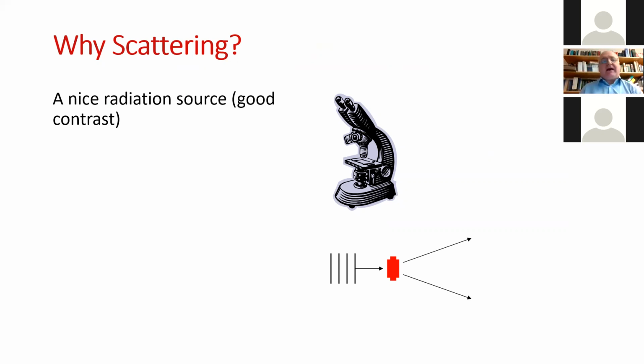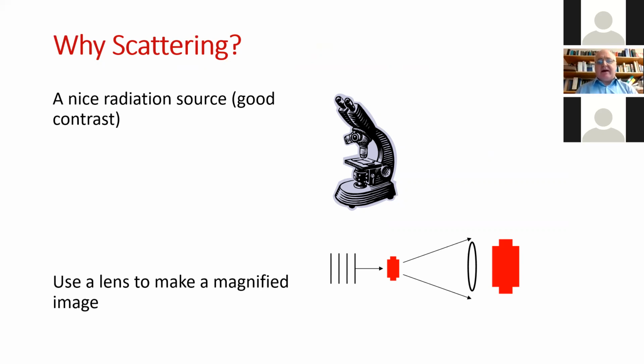And if we have a microscope, what we would normally do is put in a lens and build a magnified view of the object. And that's because it's rather easy with light to make lenses, compound lenses, series of lenses, so you can make microscopes. You can do this with X-rays as well, and there are limited moves to make lenses with X-rays. They go quite a long way now.